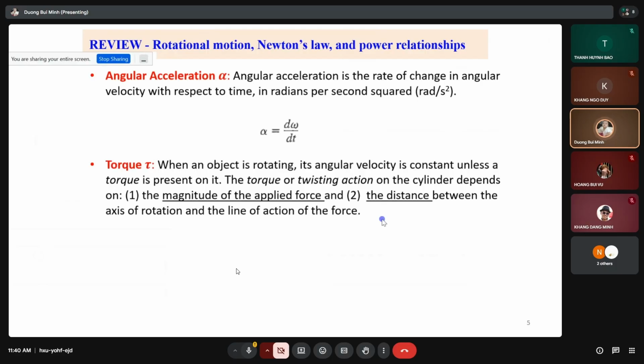Now we have angular acceleration. We say alpha, and alpha is the first derivative of omega with respect to time. Okay. So I mentioned before, if we have circular motion, we need to calculate torque. Torque is the key parameter of circular motion, right?